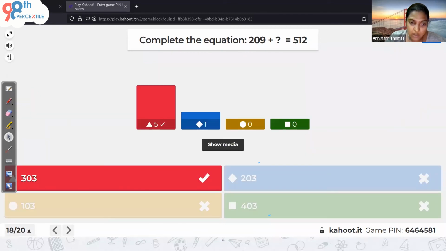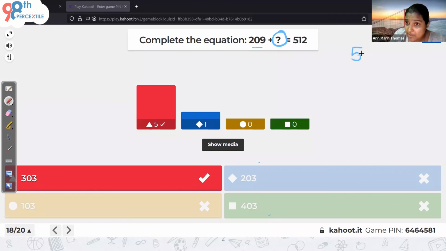Choose the correct option. Okay, I have 5 people with the right answers and 1 person made a mistake. It's okay. We are all learning. No problem. Okay, we had to complete the equation. We had a blank here, right? It was an addition problem. You had one of the addends given here and the resultant given here.